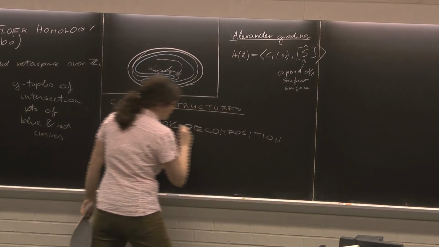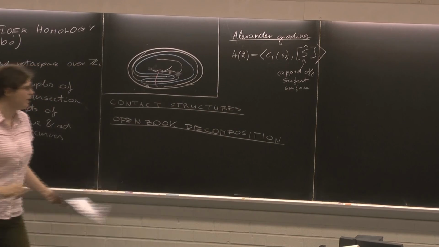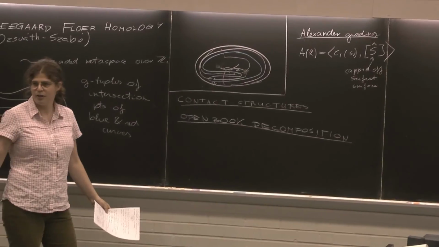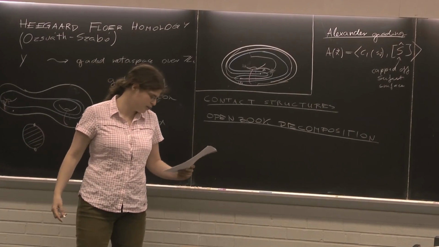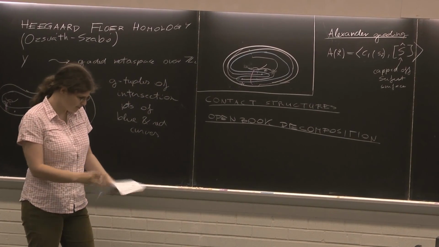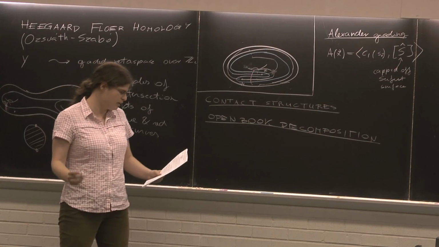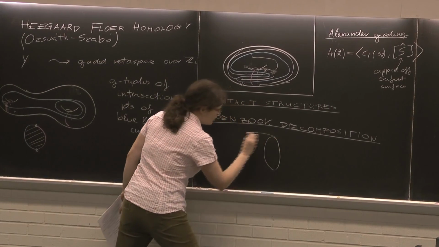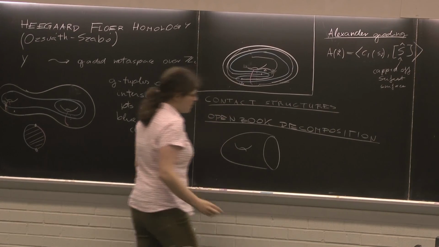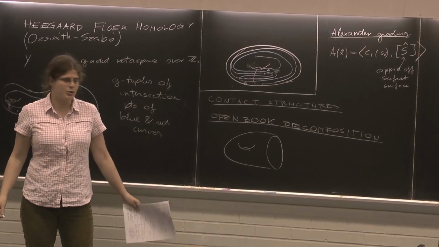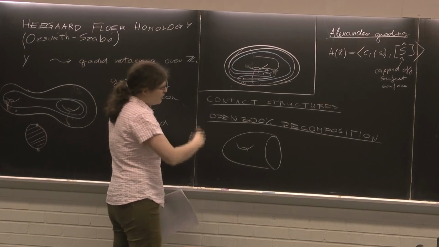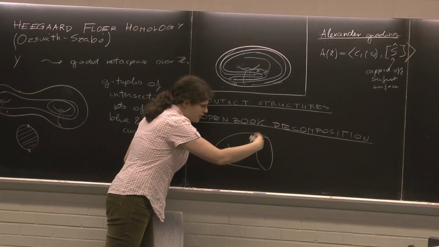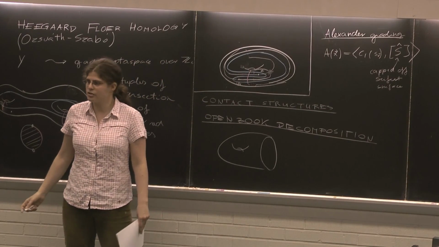And I'm only stating what I need for an open book decomposition. So for me, an open book decomposition is going to be a surface with boundary and a monodromy map. So I have a surface which has a boundary and a monodromy map. This map is a diffeomorphism of the surface which leaves the boundary of the surface unchanged.